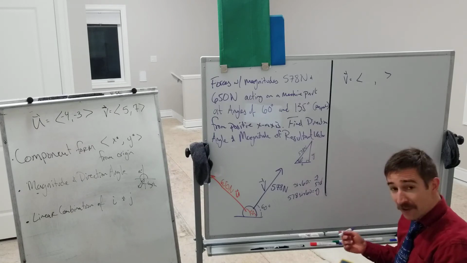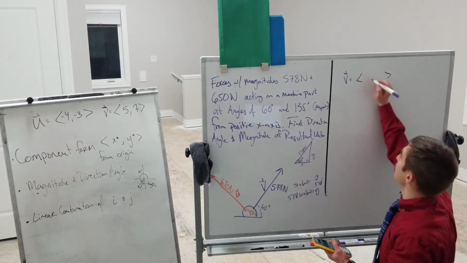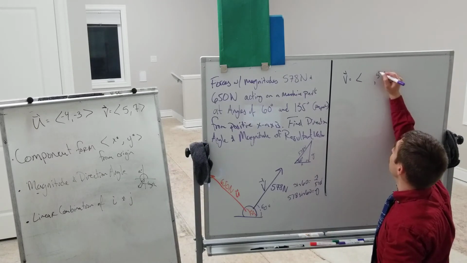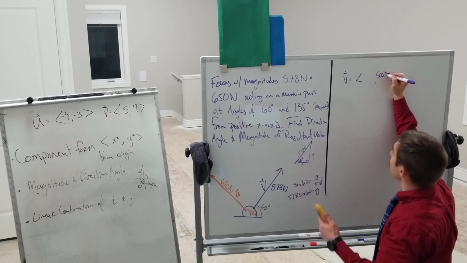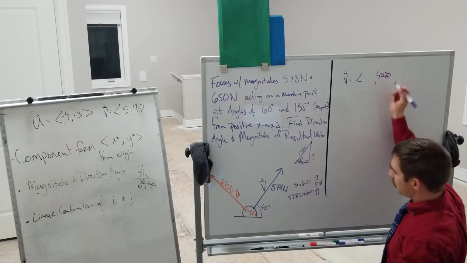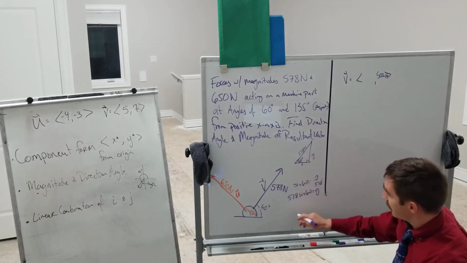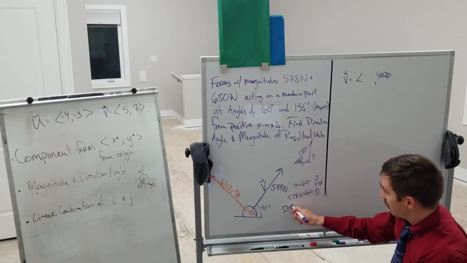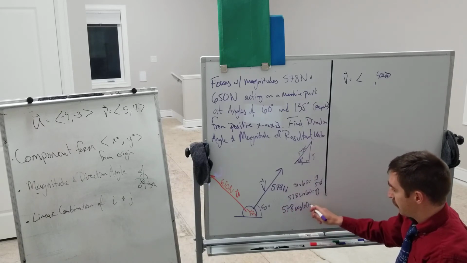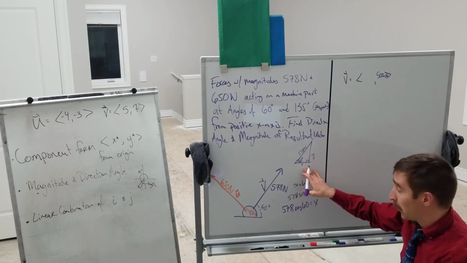Which is about 500.56. So that's my y, approximately. And then to find my x, it's just going to be 578 cosine 60. That's going to be my x component for v.